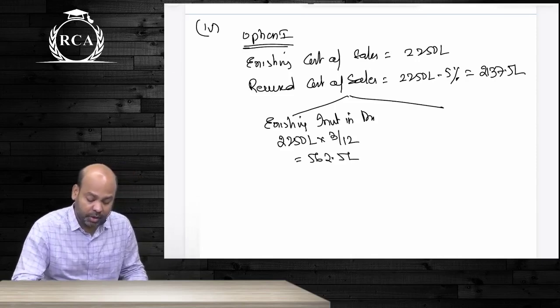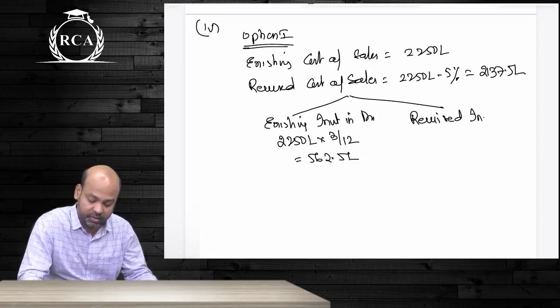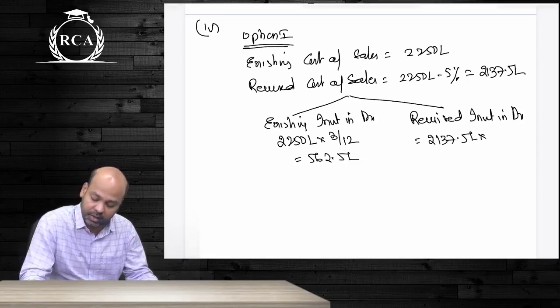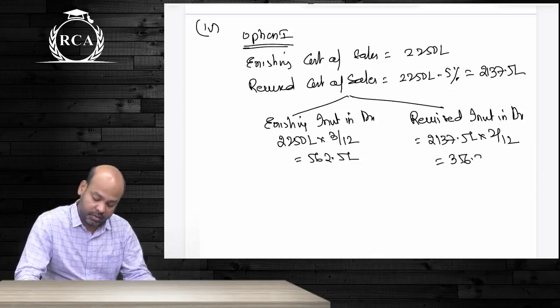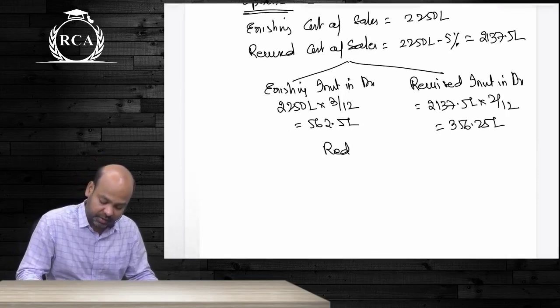What will be your revised investment in debtors, guys? Revised investment in debtors, guys, will be 2137.5 lakhs into 2 divided by 12. 356.25. What is your reduction in debtors?